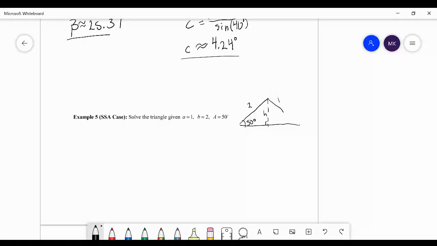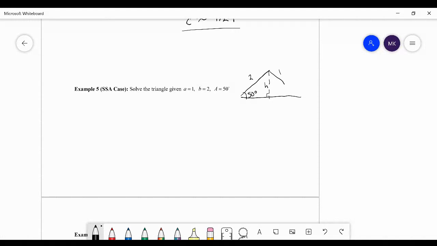I want to find H. The way we do that is we essentially ignore the side A and the rest of the right-hand side of the triangle and treat it as a right triangle with an angle of 50 degrees, a side of length H, and a hypotenuse of 2. That gives me the equation sine of 50 degrees is H over 2. Multiply both sides by 2.